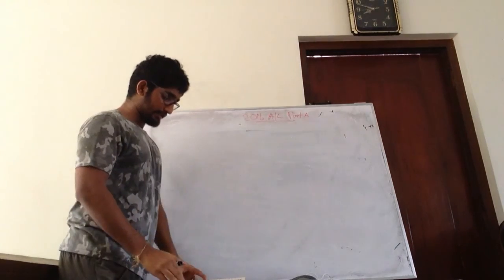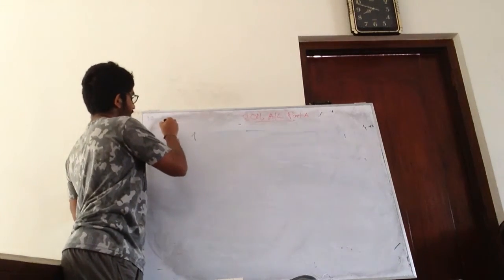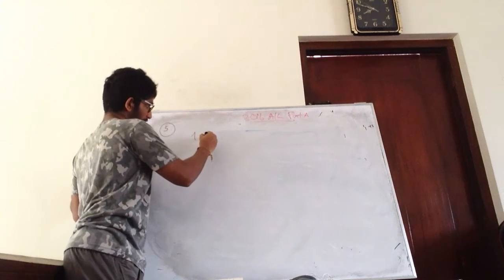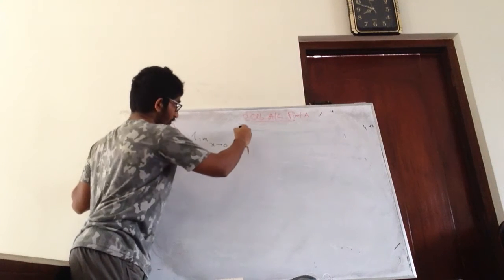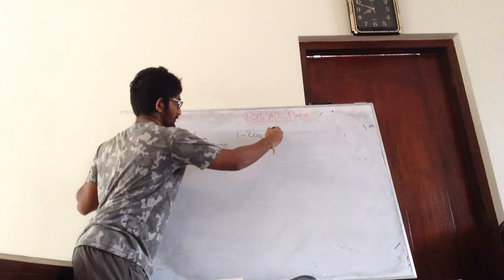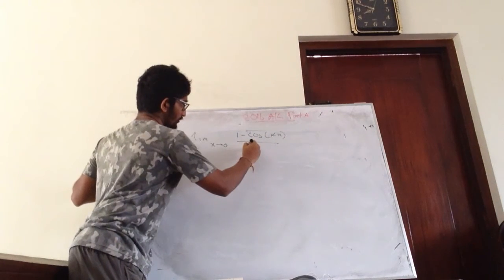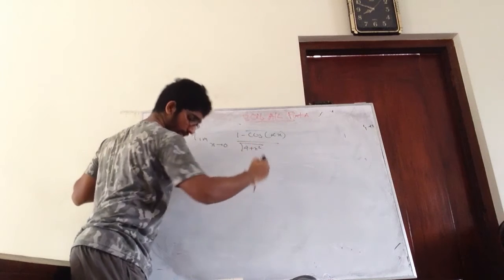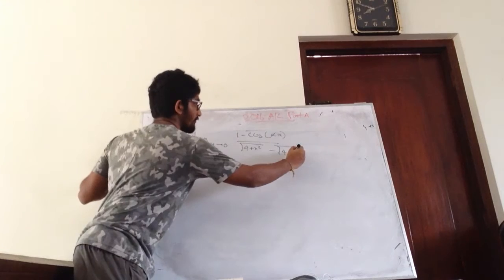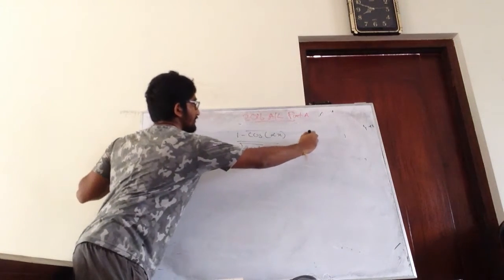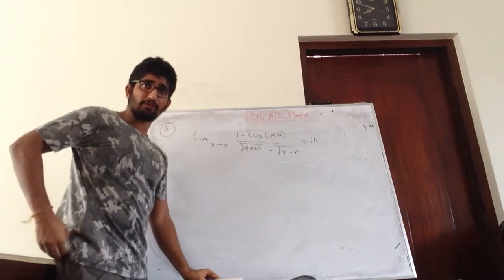This says that alpha is greater than 0 such that the limit as x goes to 0 of 1 minus cos alpha x over the square root of 4 plus x squared minus the square root of 4 minus x squared is 16. Now we need to find alpha.